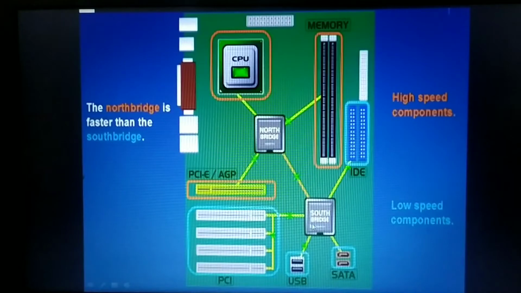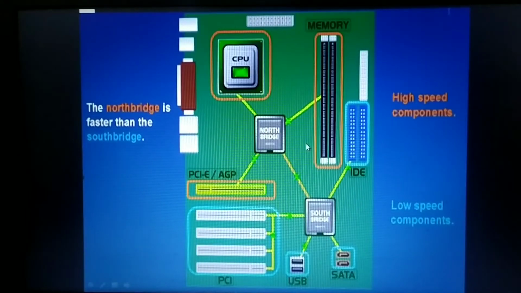Before we start with the north bridge and the south bridge, we will see the functionality of the CPU. The primary function of this processor is to execute the instructions given to it and produce the results. Usually the CPU fetches the data and instructions from the memory. We have already studied this part in the block diagram review.